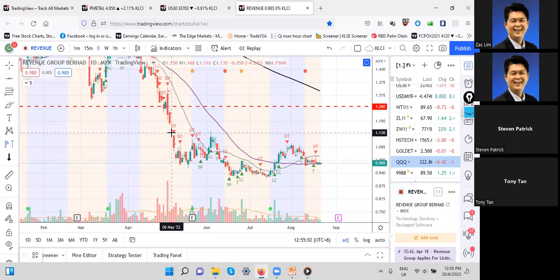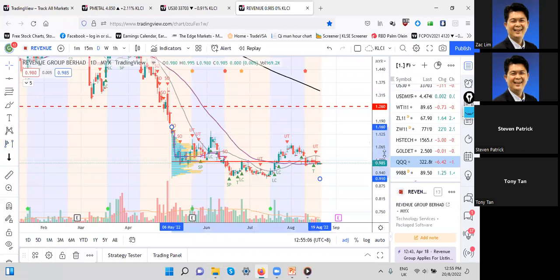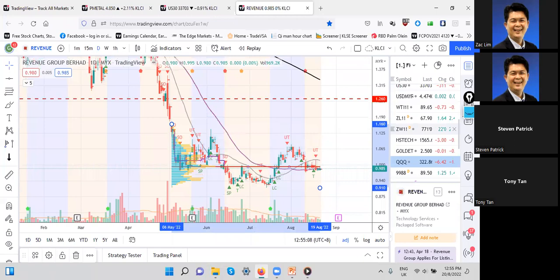So we try to get this area. This area now is the concentration of the volume: it goes up and cuts, goes up and cuts, but this up bar becomes a higher low.